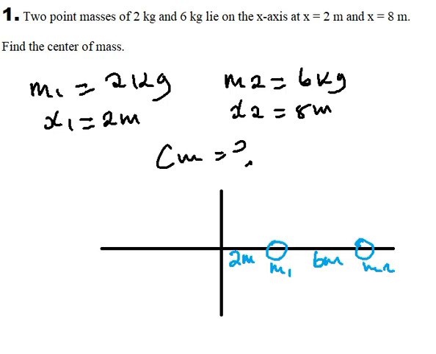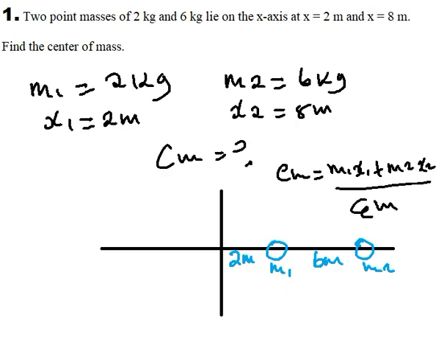So we'd like to find the center of mass of the whole system. We understand that the center of mass, which is x_cm, will be given as mass 1 times its position plus mass 2 times its position, divided by the total mass.